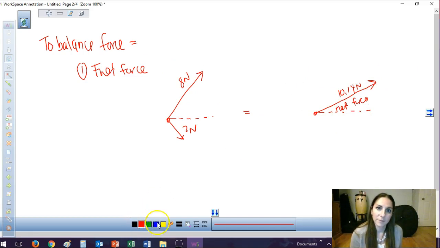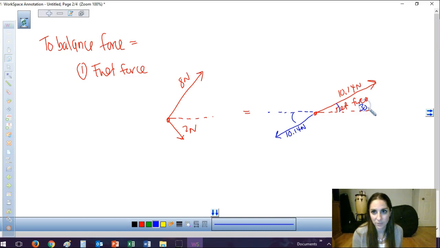If I find the net force, in order to balance, I must have the same magnitude. But notice, I have to cancel out both x and y. That means the angle will be the same here and here, using alternate interior angles.